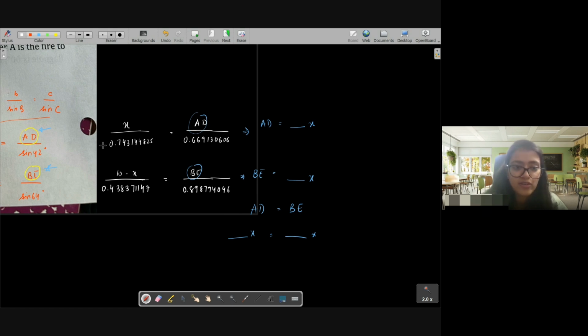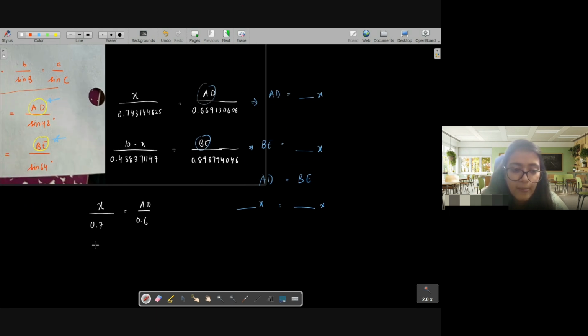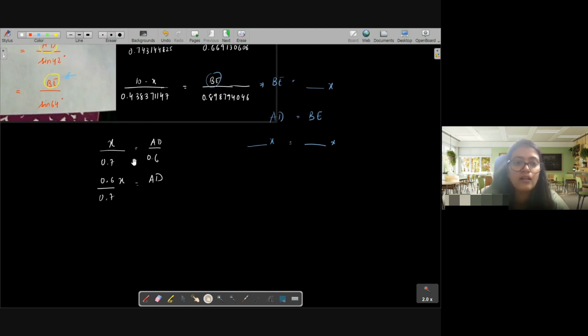So if you have any confusion, I'll take these numbers to the nearest tenth. So this is x over 0.7 equals AD over 0.6. So we find the value of AD, that will be 0.6 times x over 0.7. And from here, 10 minus x times 0.8 divided by 0.4, that will be BE.